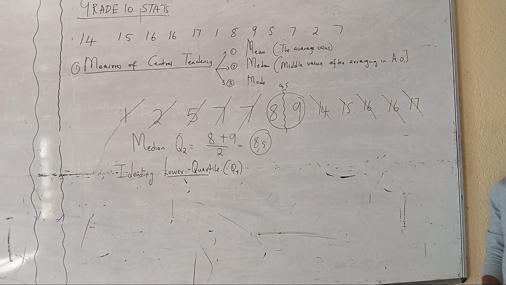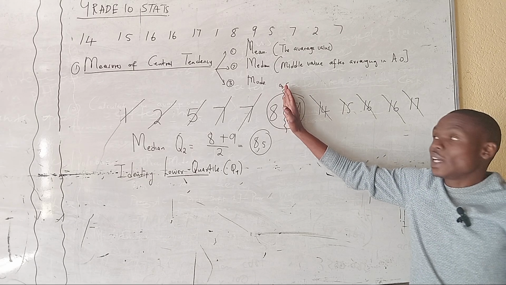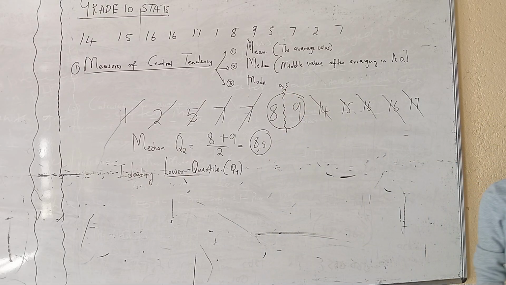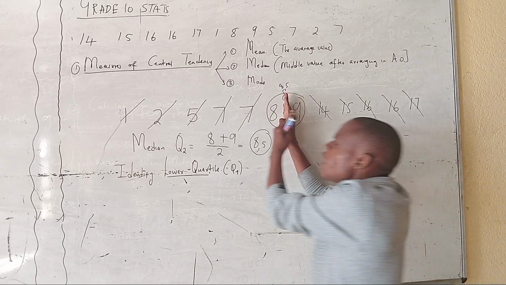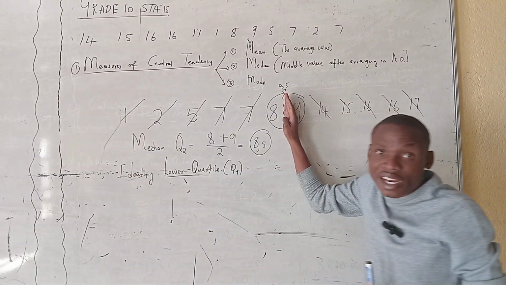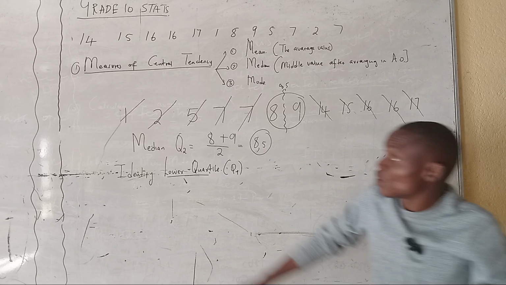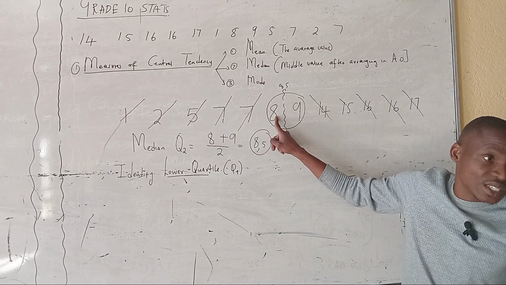So what I'm going to do, I'm going to leave the median and take all the numbers on the left side of the median. Which numbers do we have on the left side? We have got 1, 2, 5, 7, 7, 8.